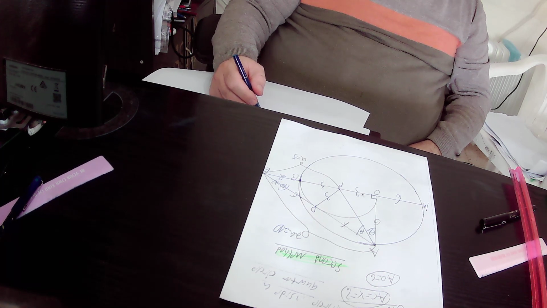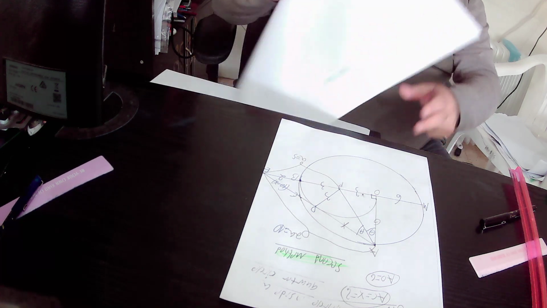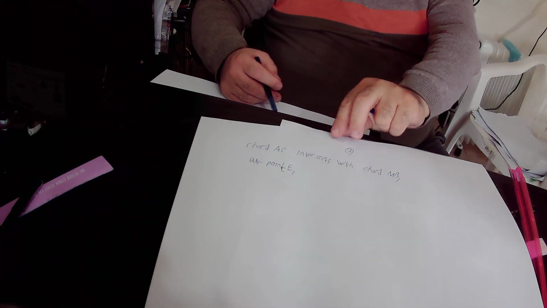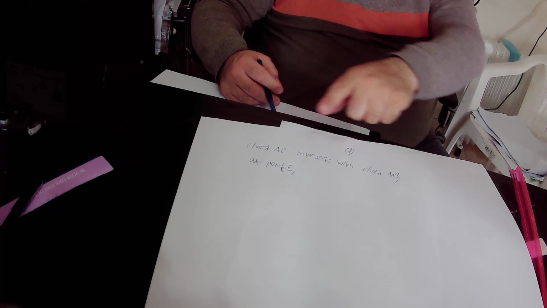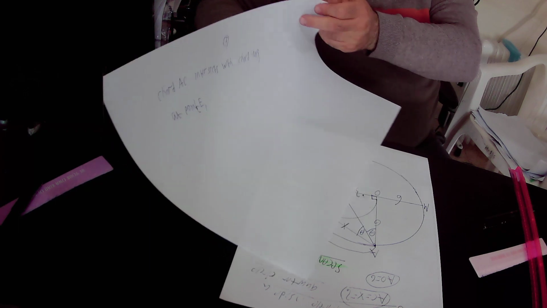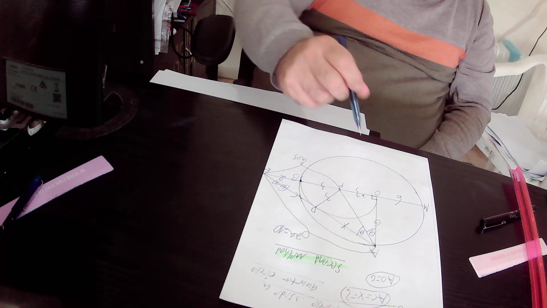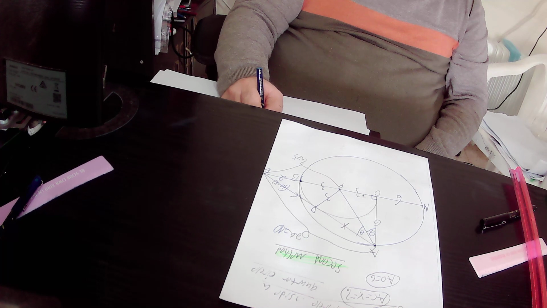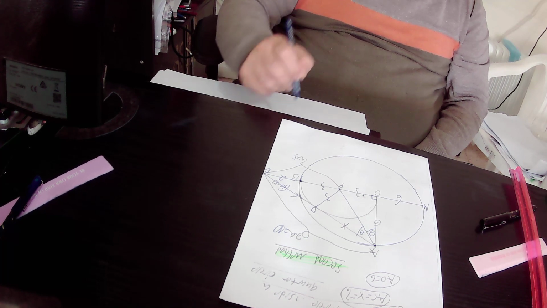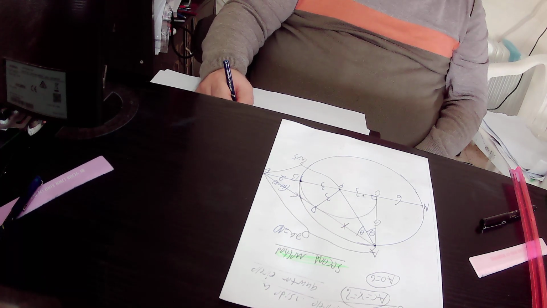Therefore, according to rule number 3, we will get that, I repeat again, chord AC in our drawing intersects with chord MB at point E. Therefore, according to rule number 3, we get that EC times EA equals EB times EM.